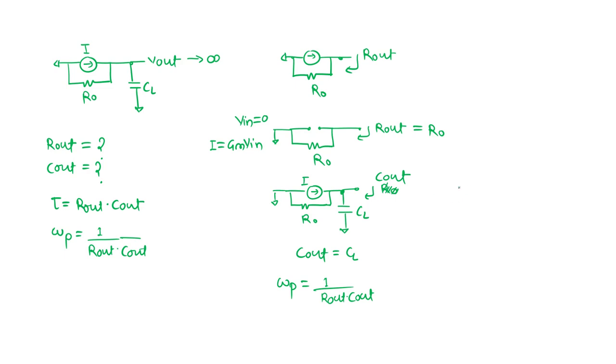This is my node where I have some sort of capacitance and nothing else. I will not consider anything on this side. So when I consider C out at this node, I will say it is only CL. So this is the one way.